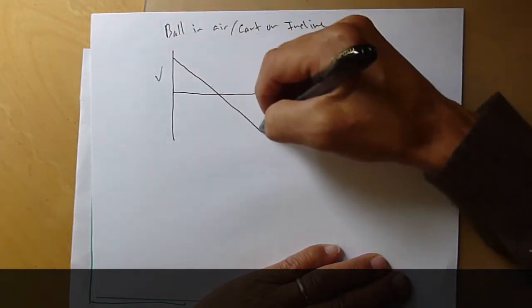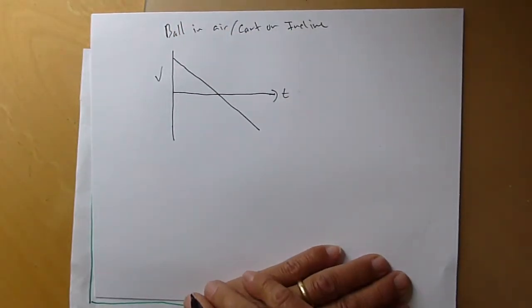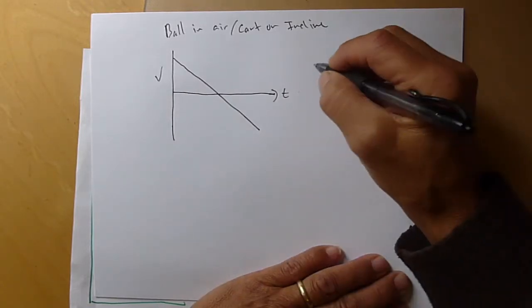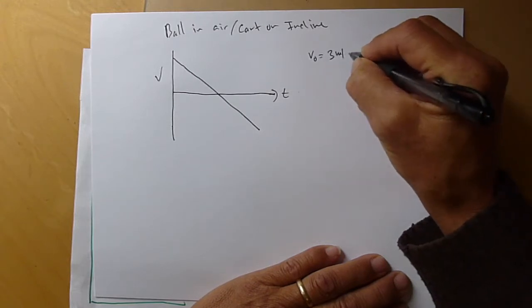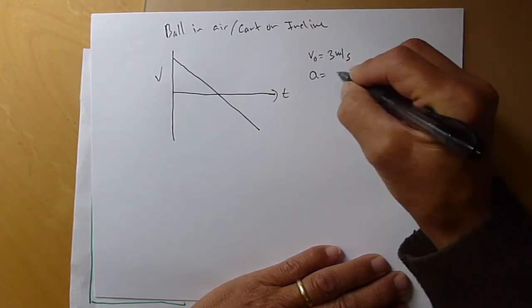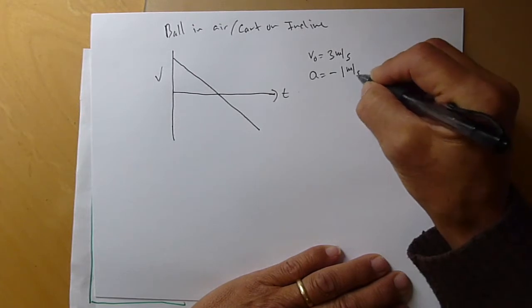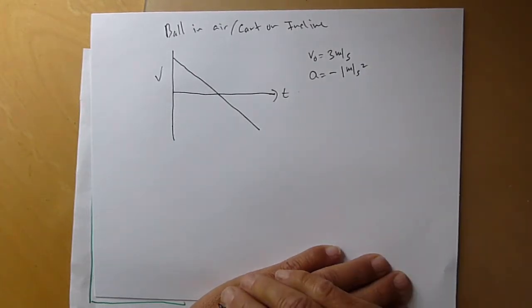looks something like this. It starts off with the initial velocity, and then the object is slowed down by gravity, whether it be gravity of minus 10 meters per second squared due to a free fall, or if it's on an incline, it could be some number less. Let's imagine we have a cart going up an incline, and let's imagine that initially we have a velocity v0 of 3 meters per second, an acceleration of minus 1 meter per second squared.